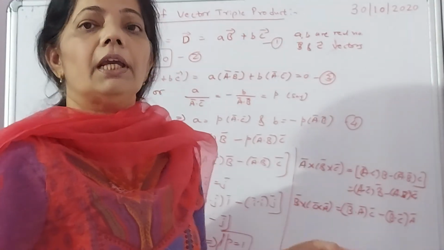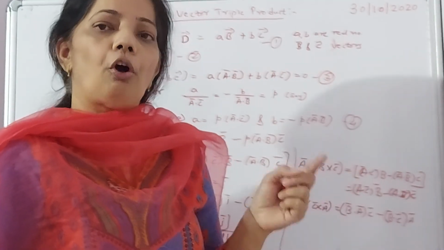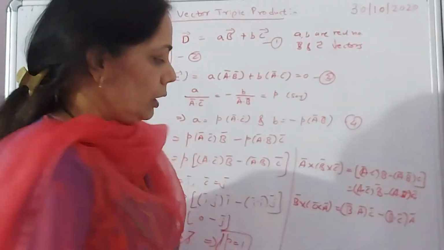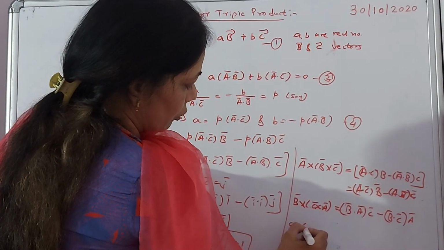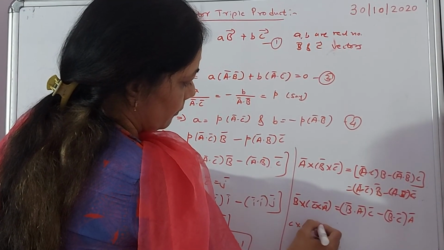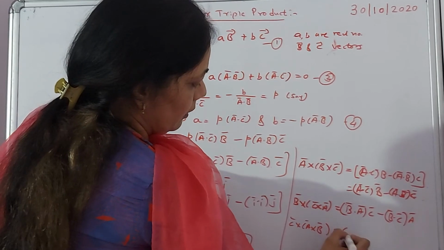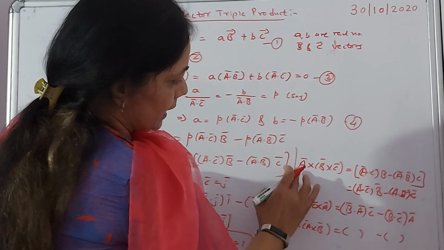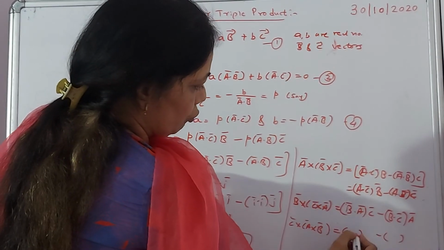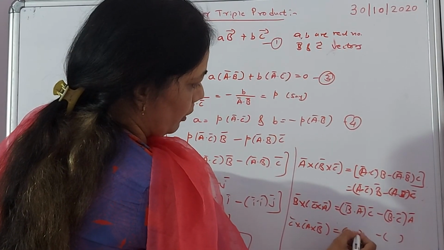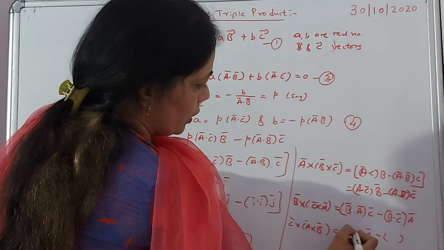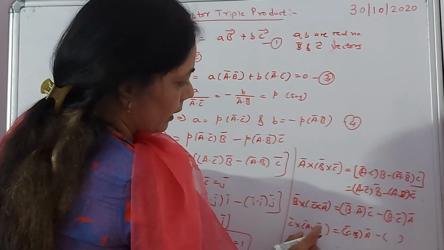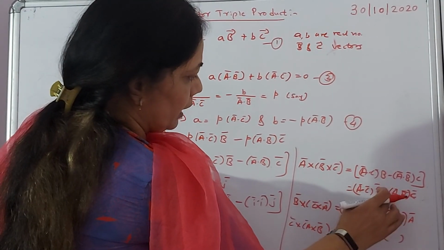So this way we can write down the value for all vector triple product. The last should be C cross A cross B. Should be how much? Correct? First vector as it is, ACB. So this should be C dot B outside A, and the second term should be what we wrote here, ABC.